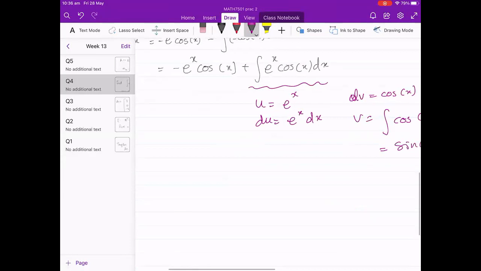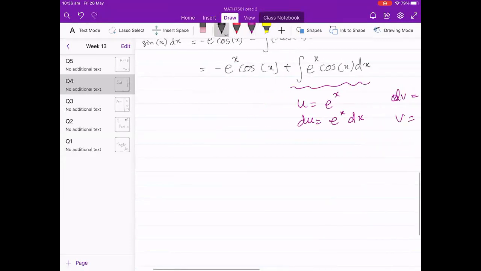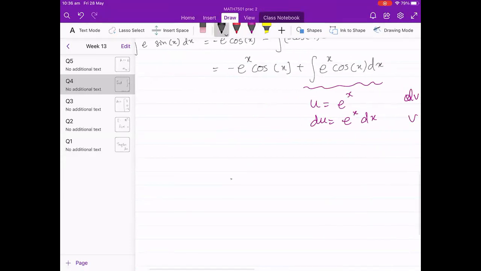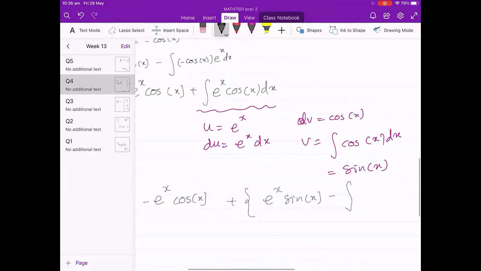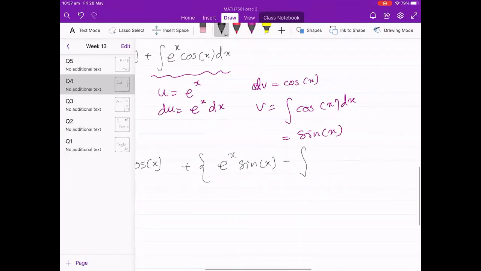Okay, so that means we can say that's equal to minus e to the power x cos x, plus this time we have to use by parts. It's u times v, so that's e to the power x sin x minus the integral of v du. V is sin x.